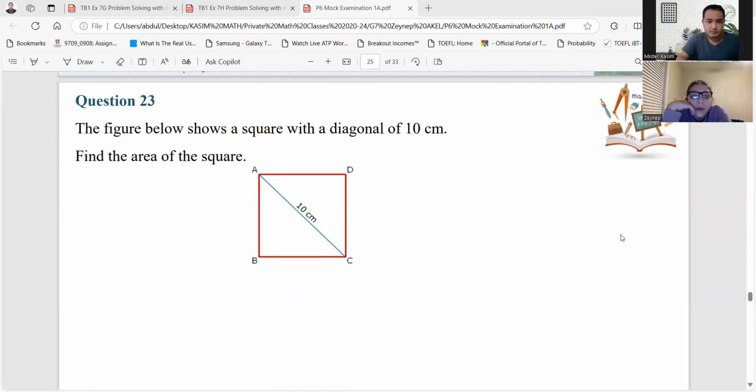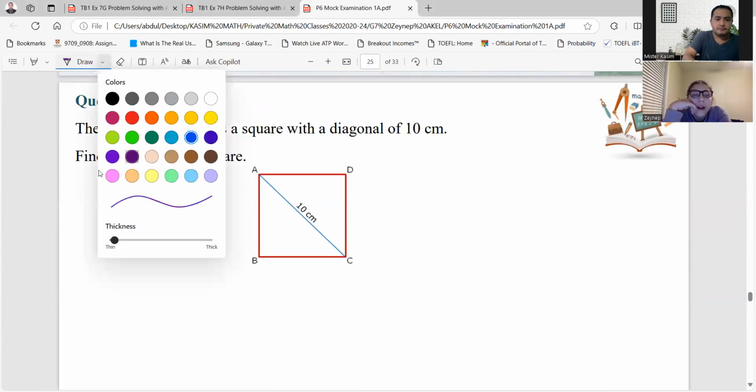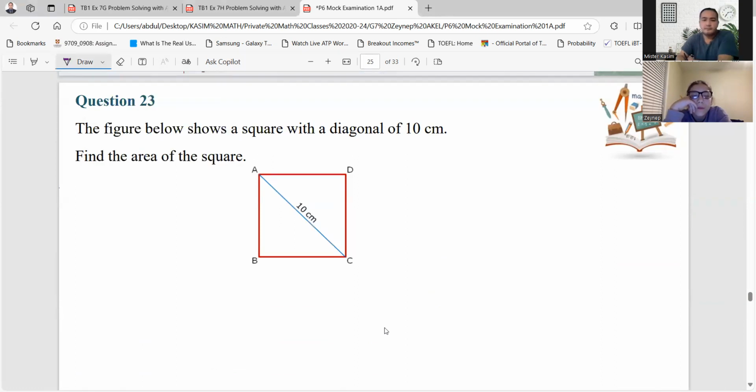The figure below shows a square with a diagonal of 10 centimeters. Find the area of the square. We have Pythagorean theorem, Zainab. Do you remember?